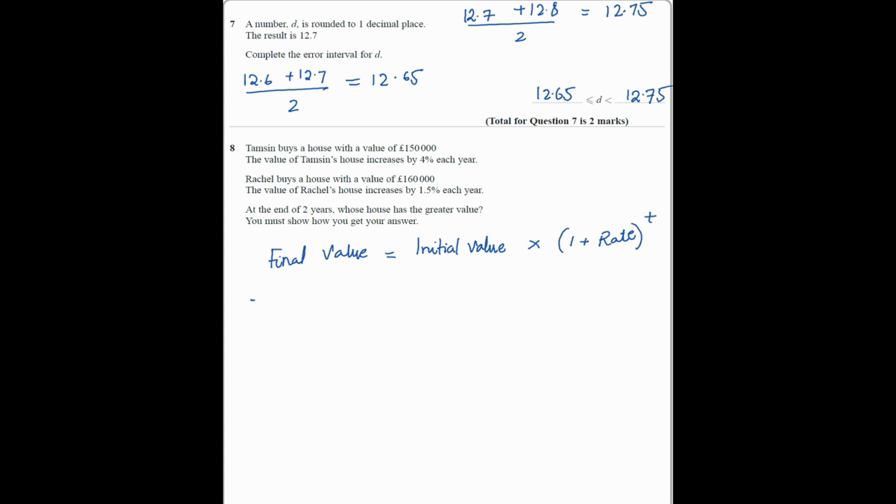So for Tasmin's house, the value after 2 years has to be 150,000 multiplied by 1 plus the rate, which is 4% each year. 4% means 4 over 100, which is 0.04.